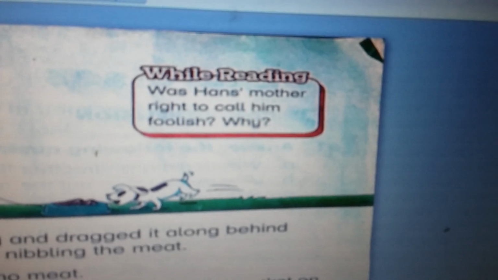Now, the while-reading activity is: was his mother right to call him foolish? Was he foolish according to you? Every time he is following his mother's advice, how can we say that he is a foolish boy? Every time, due to his innocence, he is following his mother's previous advice.